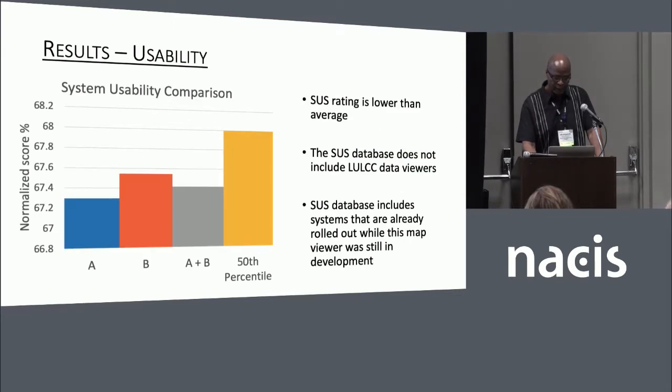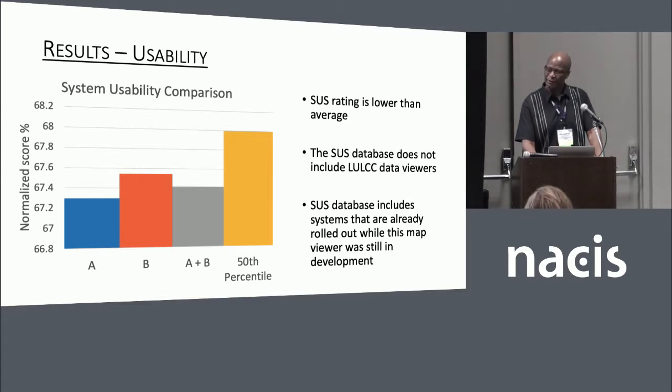And then we looked at the usability scores. Obviously, whether you compare just one version, version A or version B, or combining both of them, we were still lower than the percentile that was given in the database for the SUS.